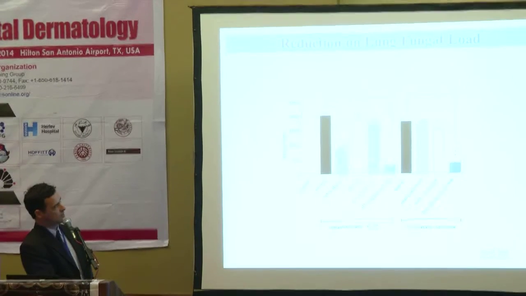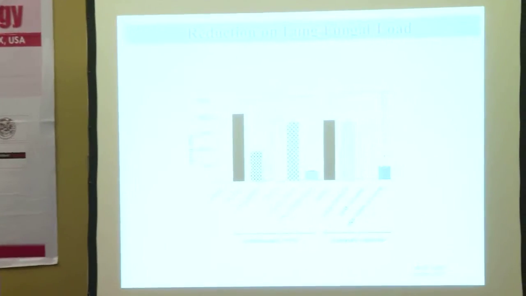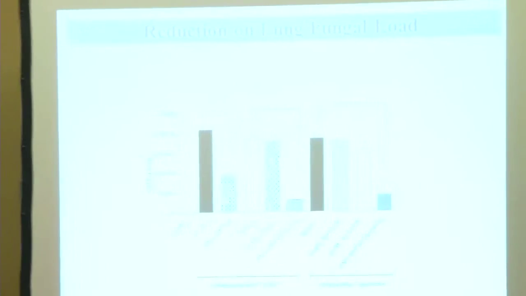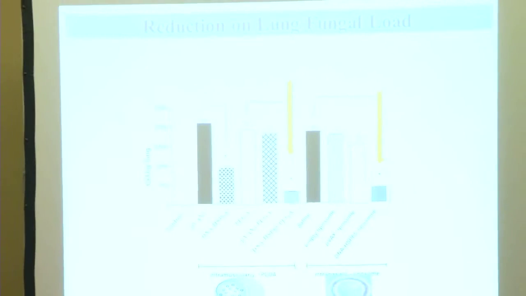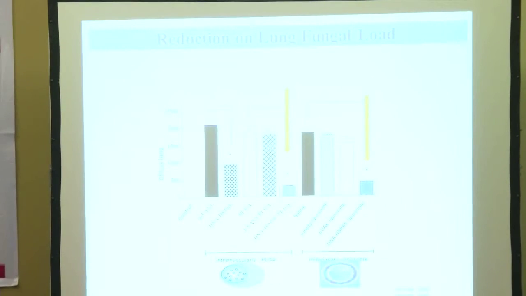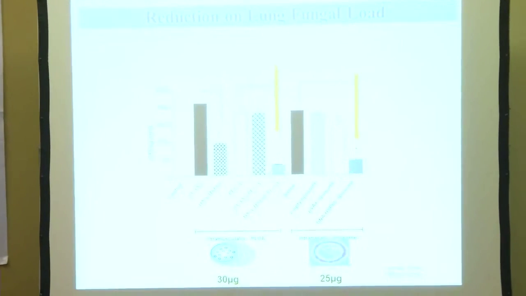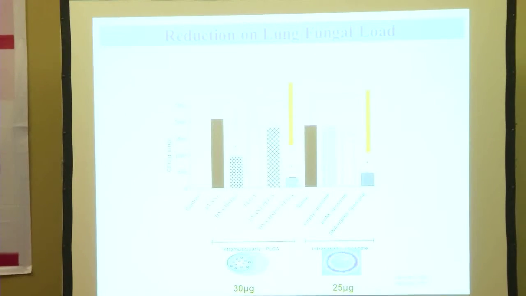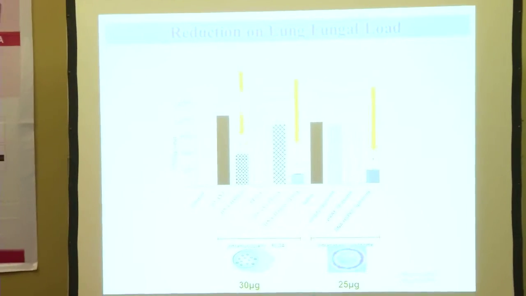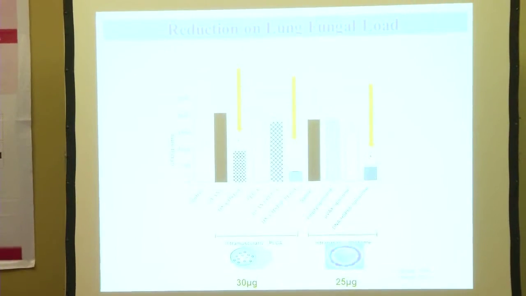Our results show that in the lung fungal burden of the experimental groups, it's possible to see here that both PLGA using 30 micrograms and liposome using 25 micrograms significantly reduced the fungal burden in the animals, compared with 100 micrograms of free DNA vaccine in plasmid DNA.